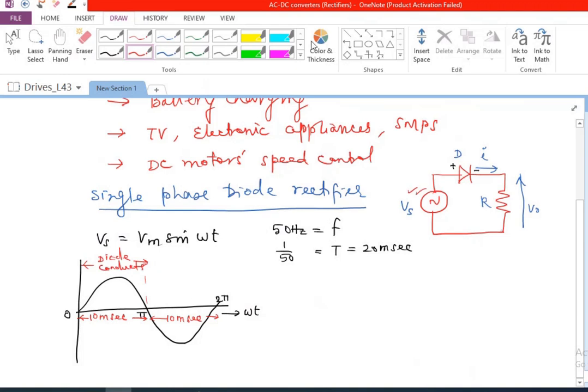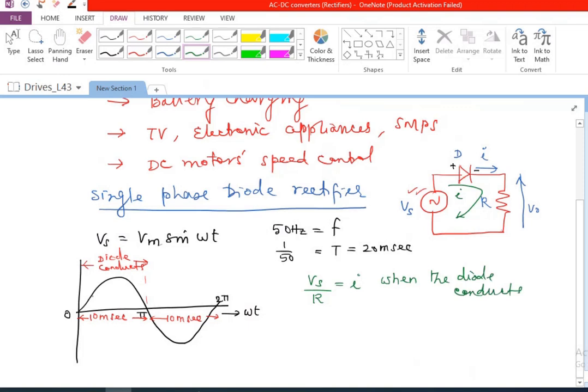The current will flow in this circuit only when the diode is forward biased. Otherwise, the current will not be able to flow. So this is the current flowing through the circuit, and Vs divided by R is equal to I when the diode conducts.